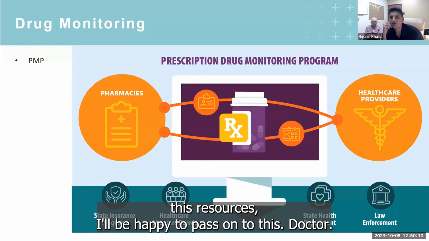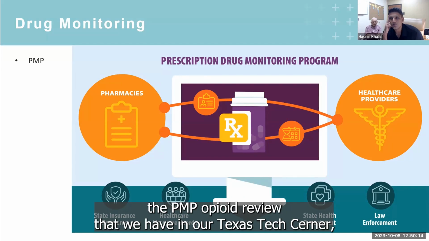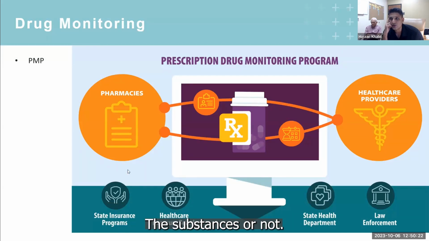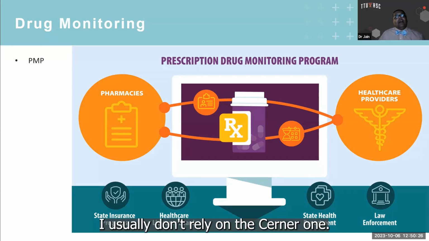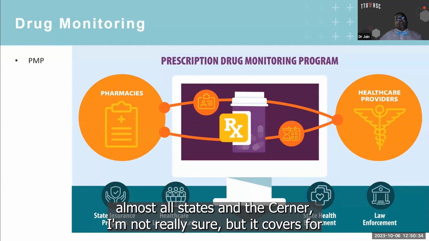Dr. Jain? Yes. For the PMP opioid review that we have in our Texas Tech Cerner, does that tell me about controlled substances prescribed out of state as well, or not? I think it does, but I usually don't rely on the Cerner one. I usually go on the website because it covers almost all states.